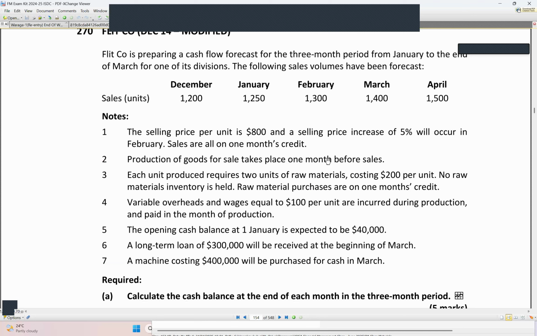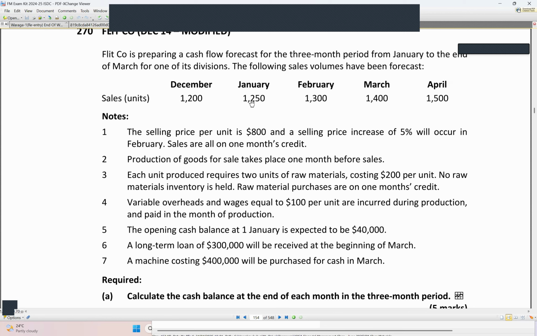So that means that the production for January takes place in December. So in December, because they said that each one needs raw materials costing 200. So what are the raw materials that are going to be needed for January? Because it needs 2 units.